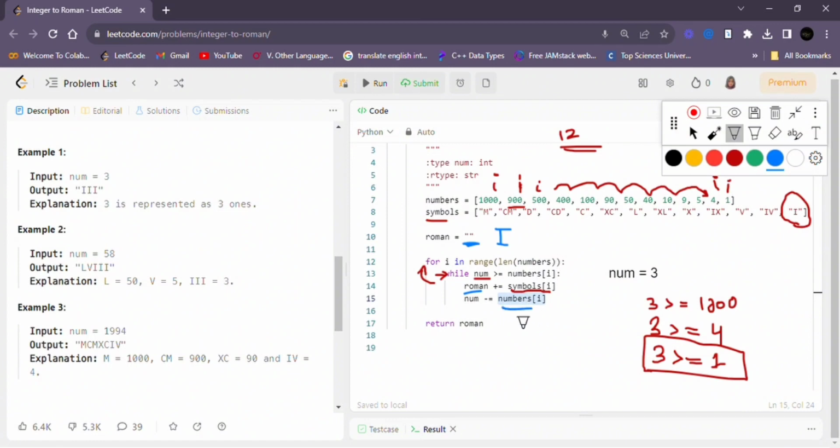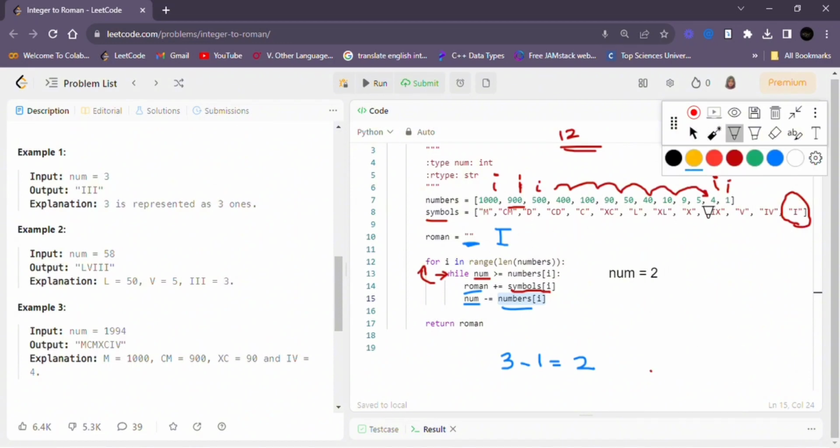Now it will subtract numbers of i, which is 1, from num. We have num 3 and numbers of i 1, so 3 minus 1 gives 2. Now we have 2 in num.